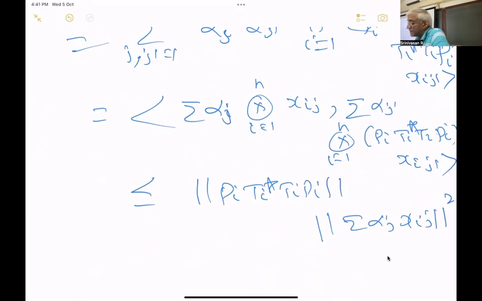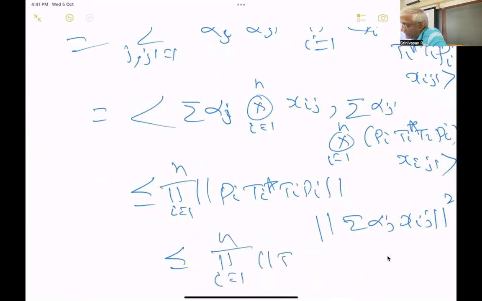So because of that, this is true. And this is less than or equal to, sorry, there is a product, product over i equal to 1 to n. These are all positive numbers, so this is less than or equal to the product over i of norm T_i times the summation alpha j x_ij.